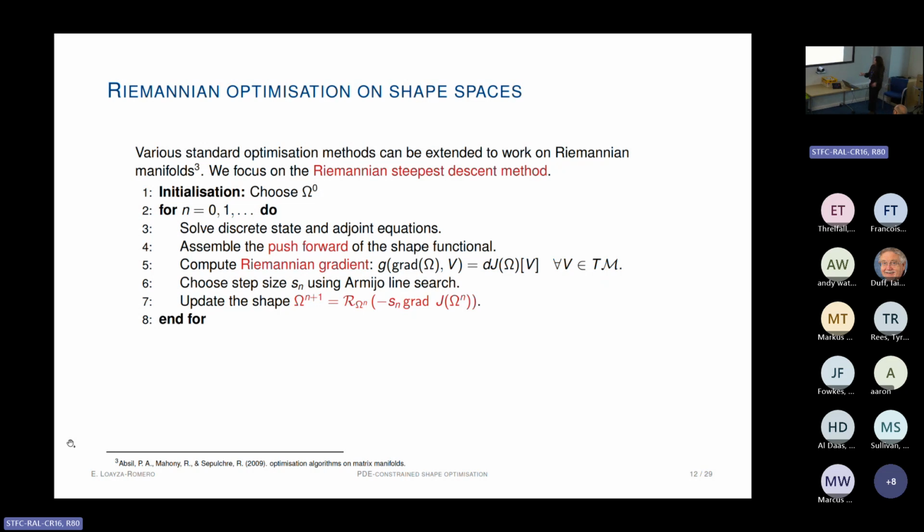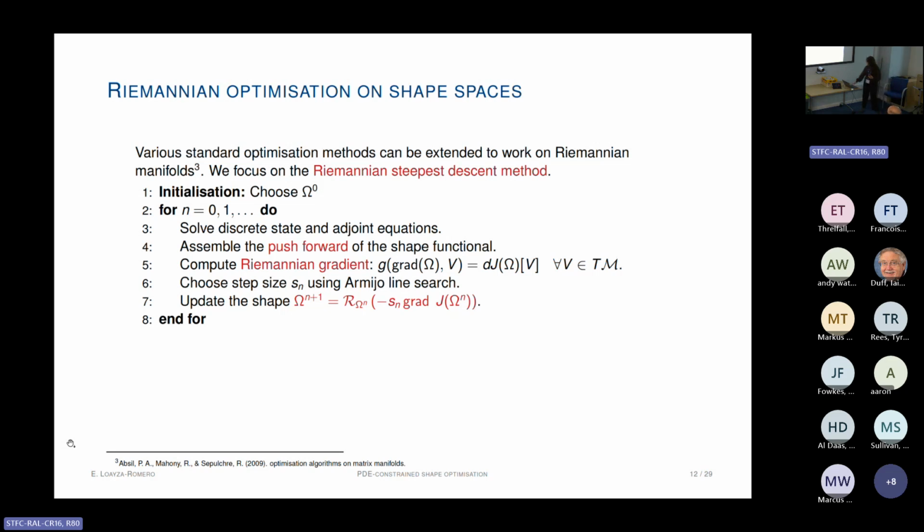And the second thing is about how I update my shapes. Of course, when we're working on Riemannian manifolds, we cannot just take the direction and move straight in this direction because we're going to leave the manifold. So we have to follow geodesics. Or, what I'm calling R there is a retraction, which is going to be an approximation of a geodesic up to the first order.